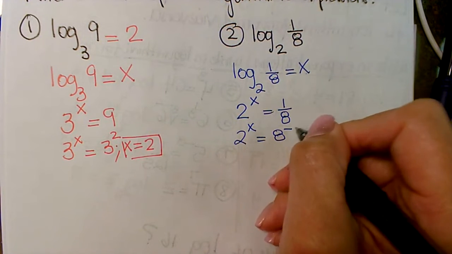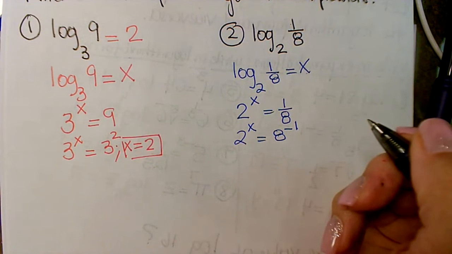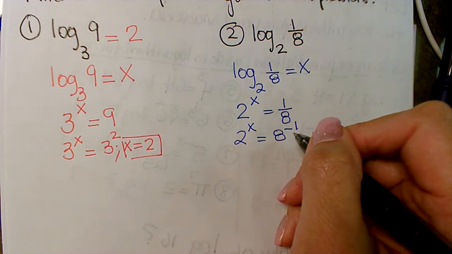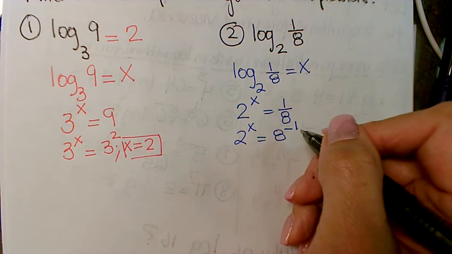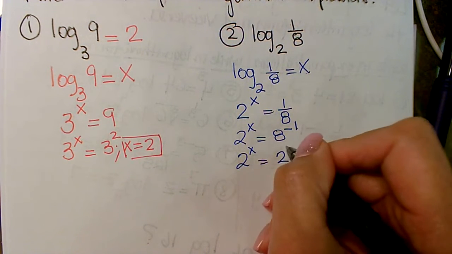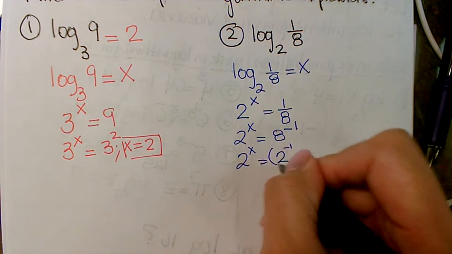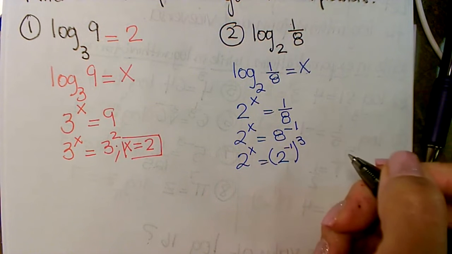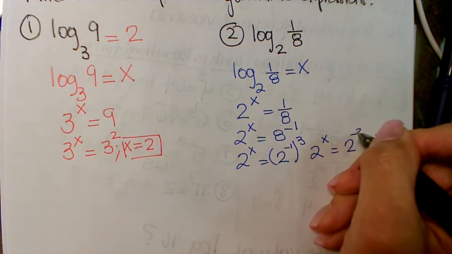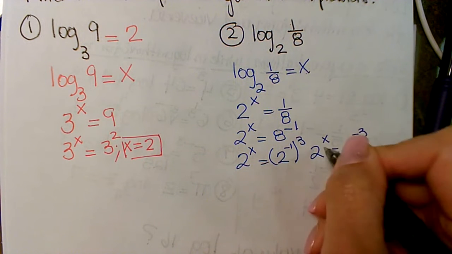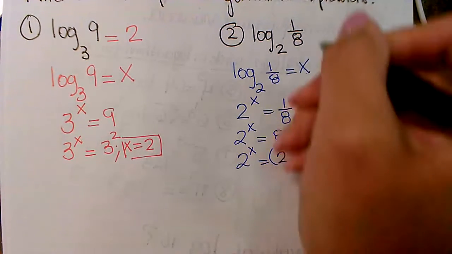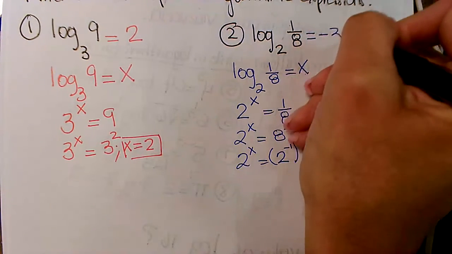This would be 8 to the negative 1, right? But we can rewrite the 8 as 2 to the third power. That way we have the same base, so the exponents are the same. So this is equal to -3.